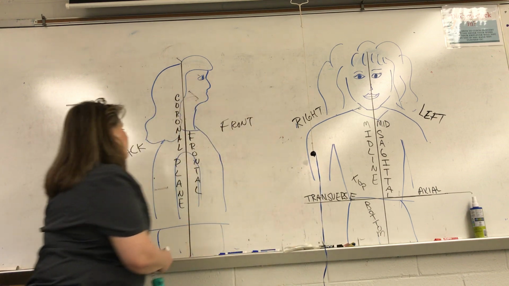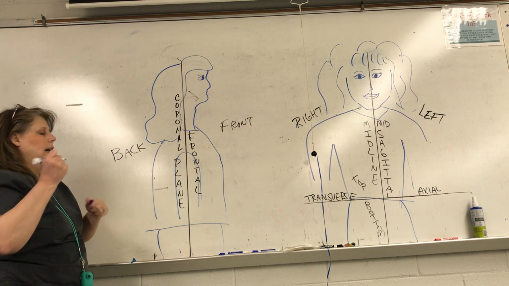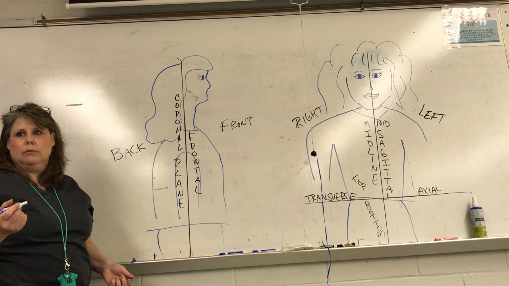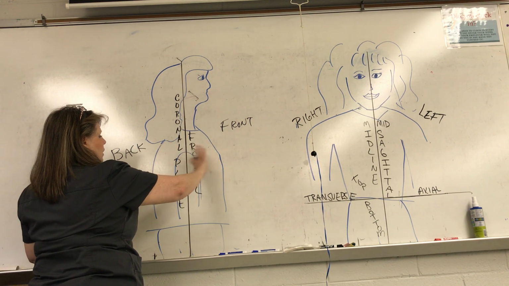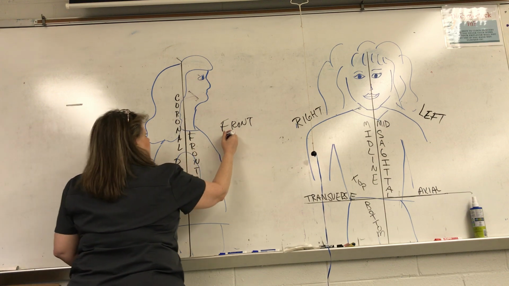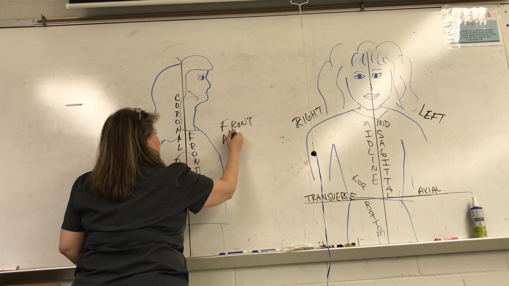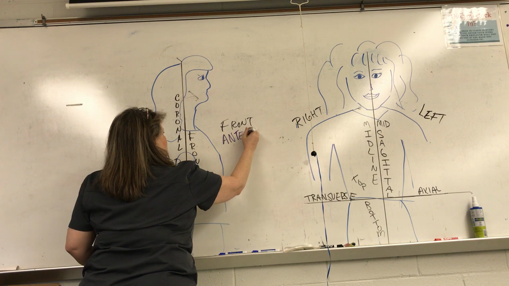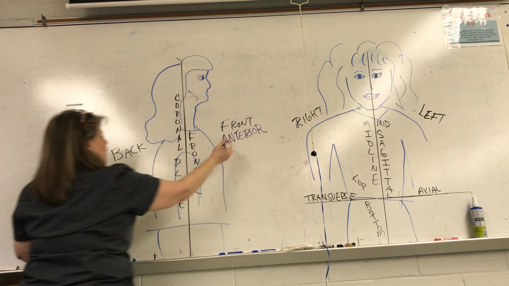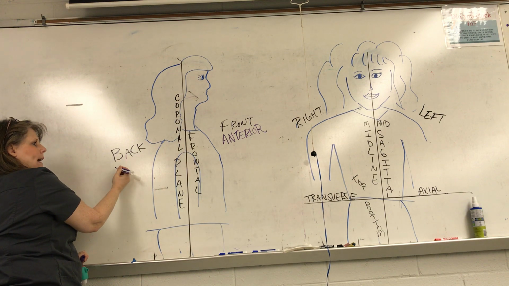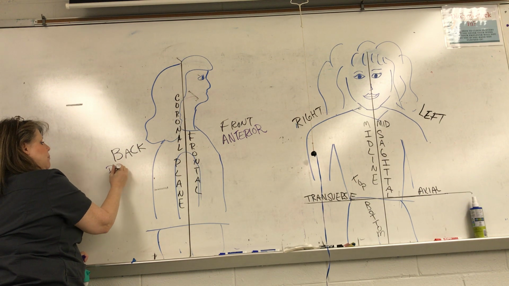So the front of the body and the back of the body have names. Anything on the front side of the coronal plane is called anterior. And the opposite of anterior is anything on the back side, which is called posterior.